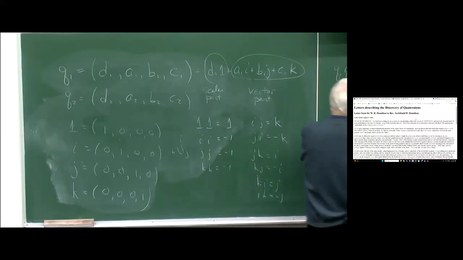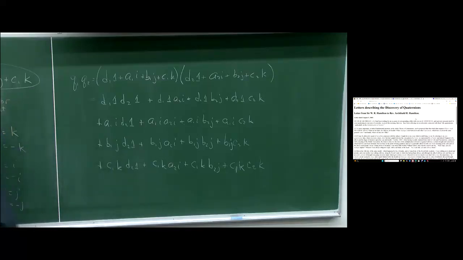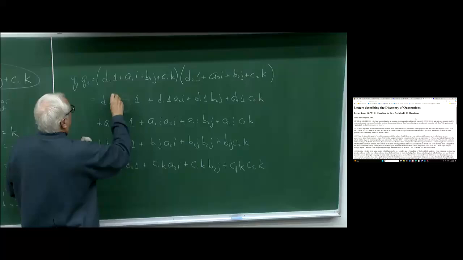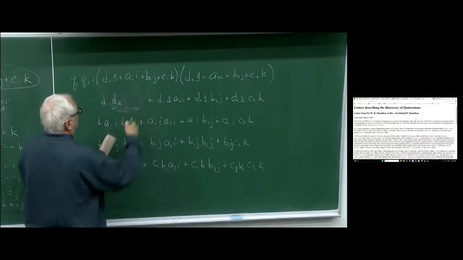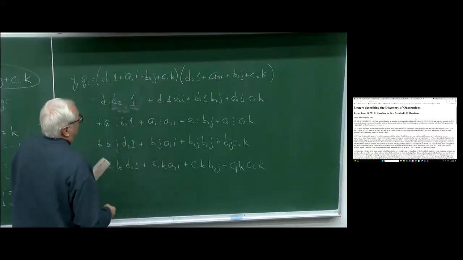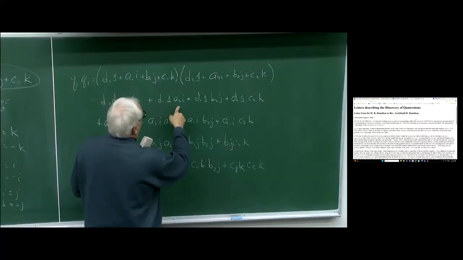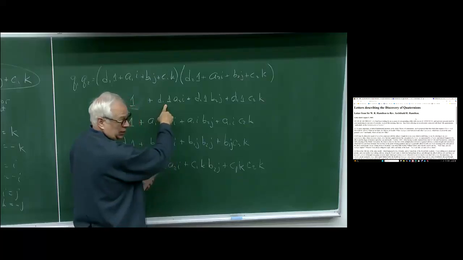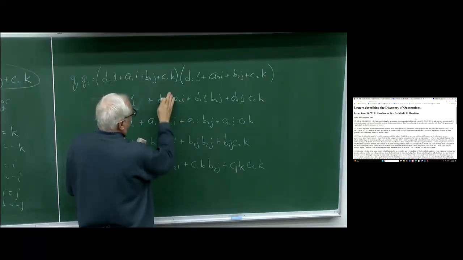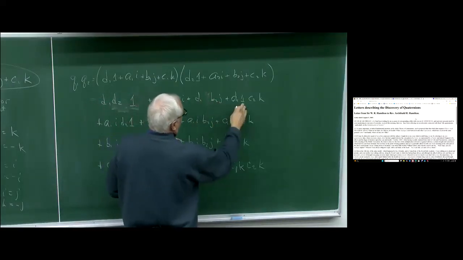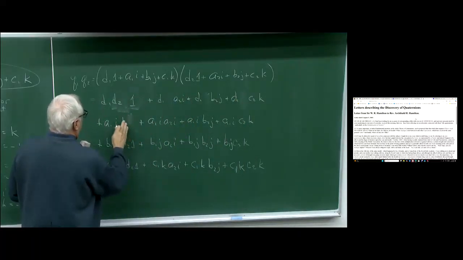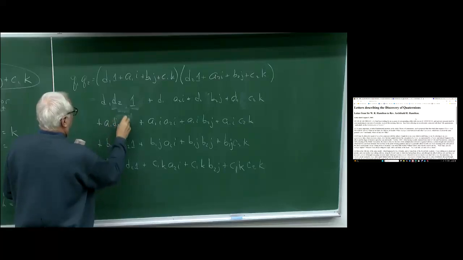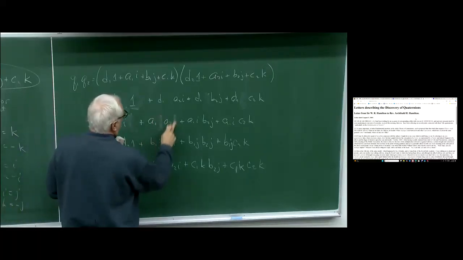Okay, these are scalars. So scalars, like the lambda and mu that we had, can move up front, right? The order didn't matter. So now I've got 1 times 1, and 1 times 1 quaternion is the quaternion 1. Again, the a2 could move up here because it's a scalar. 1 times i is i, 1 times j is j. i times 1 is i, so I'm going to move the d2 up there. i times i was -1.